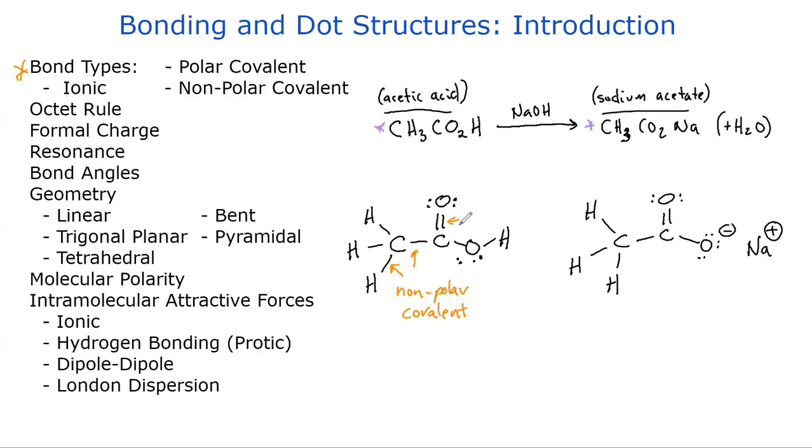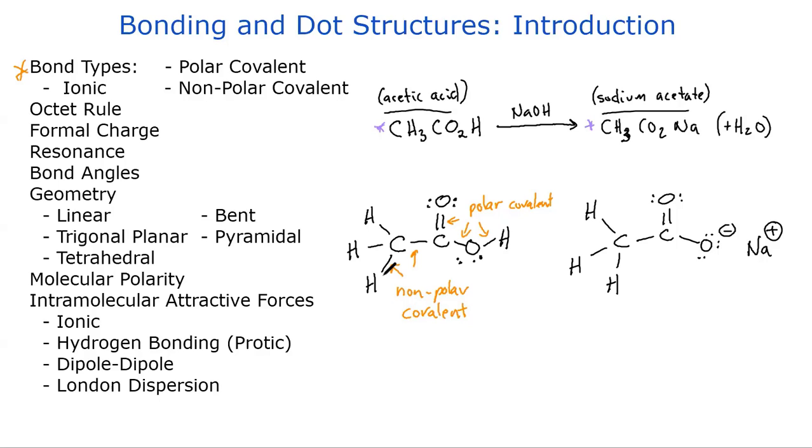The carbon-oxygen bonds and the oxygen-hydrogen bonds we'd consider to be polar covalent, because there's a significant difference in electronegativities. Now, there is a difference in electronegativity between carbon and hydrogen, but that's an important one to note that we're going to consider in organic chemistry as typically a nonpolar bond.